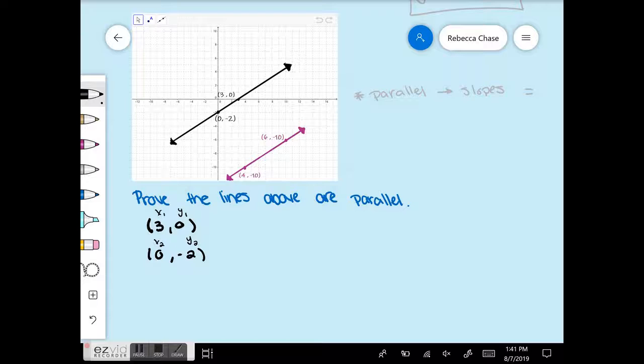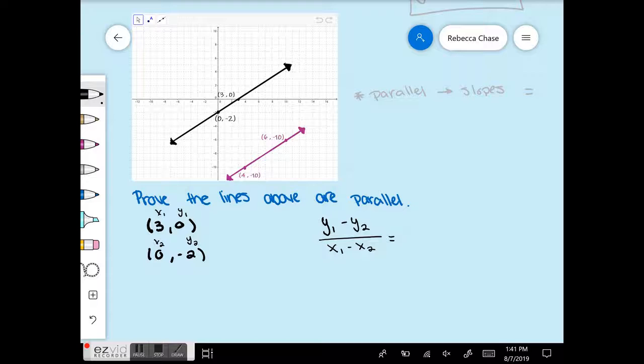Remember, same thing as everything else whenever we're working with a formula: for the first few examples you do, write the actual formula down before you do any work. That way eventually you don't have to memorize it. Okay, so we've got y sub 1 minus y sub 2 over x sub 1 minus x sub 2. Doesn't matter which one comes first, but whichever one I start with, that's what I have to start with on both the y's and the x's.